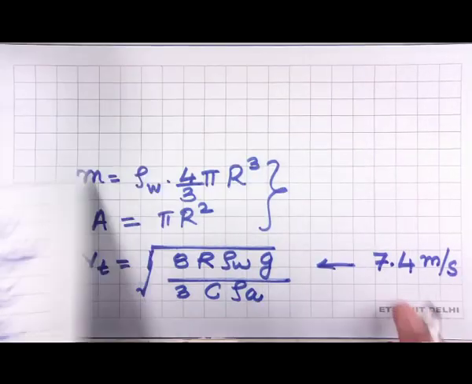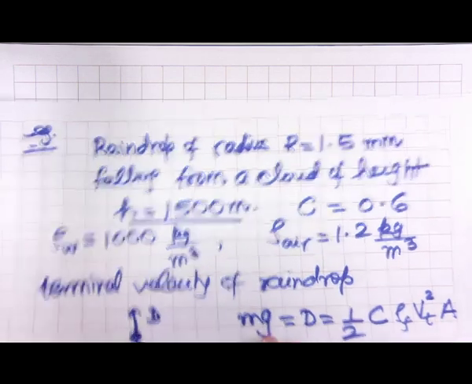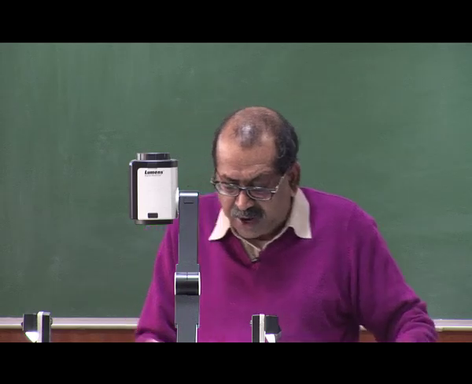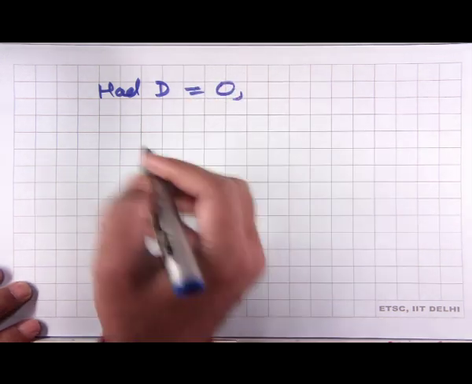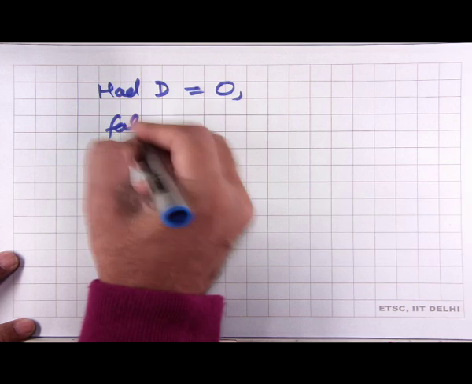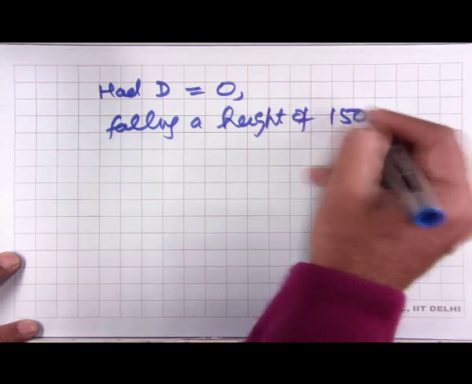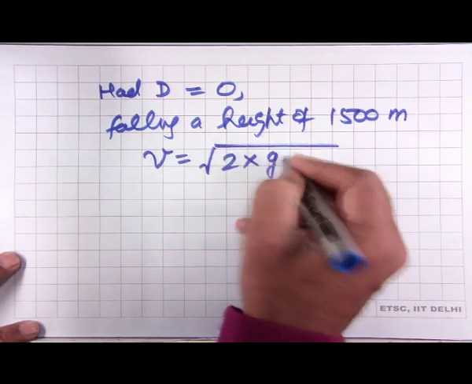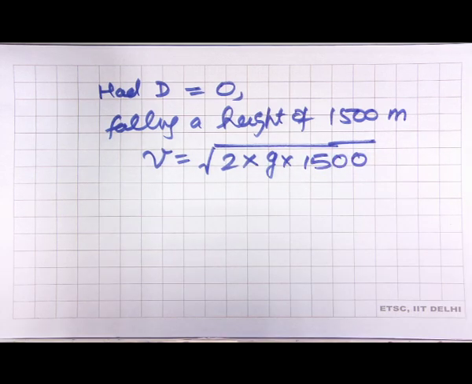Now, we realize this answer is independent of H. Had the drag been equal to 0, then for a falling height of 1500 meters, velocity would have been equal to root of 2 times g times 1500, which would be of the order of something like 200 meters per second.